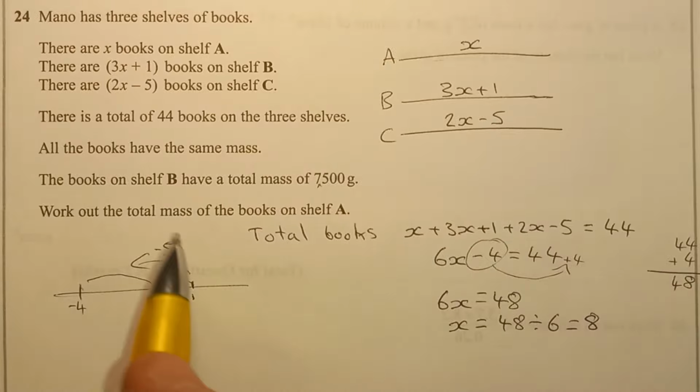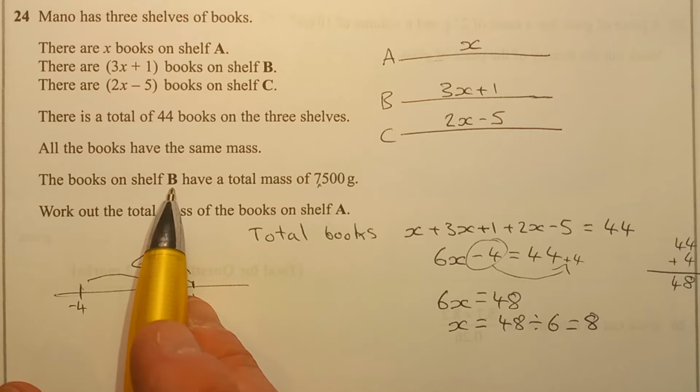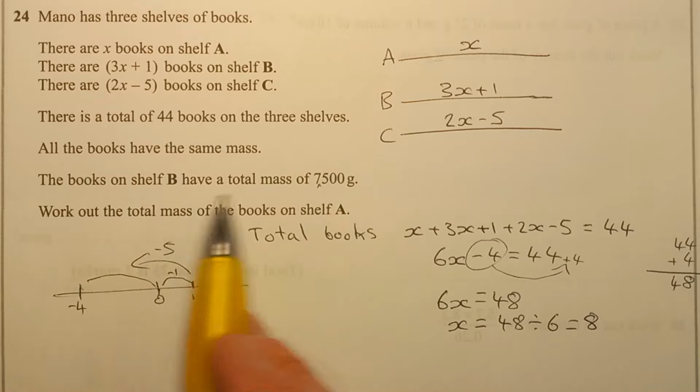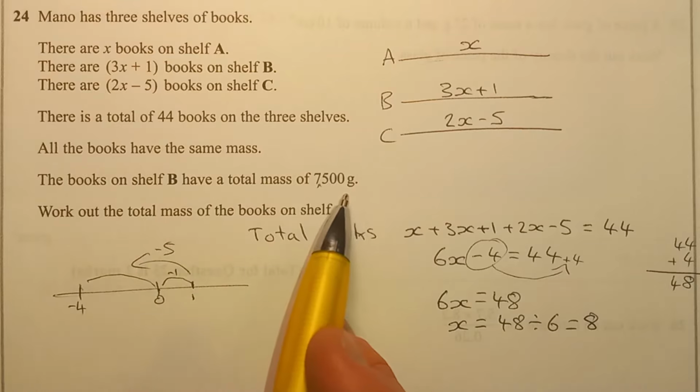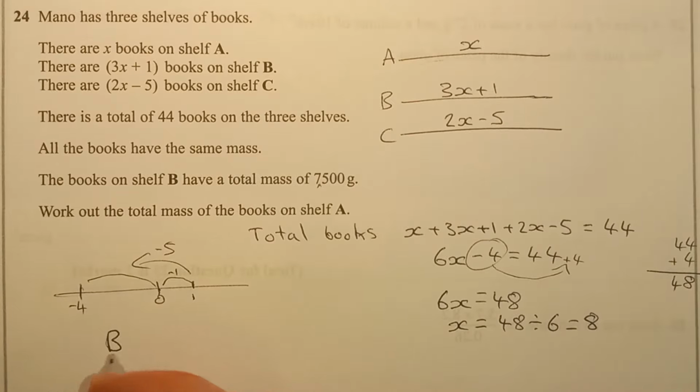Okay, now, that's great. We worked out what x is. We're interested in the books on shelf B. And the reason for that is because we know how heavy they are. That's the only shelf we know the weight of. So if we look at B, we've got 3x plus 1.